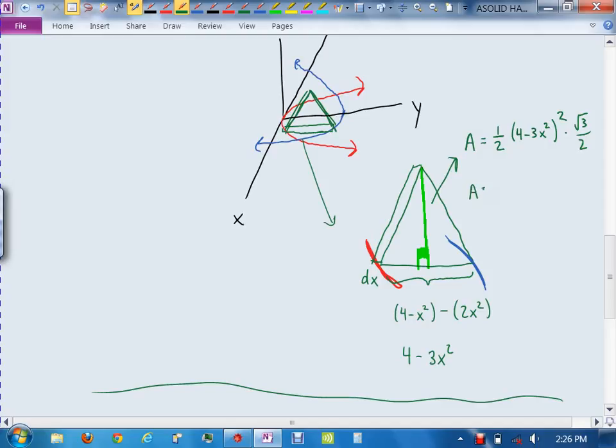So the area of that little piece is root 3 over 4, 4 minus 3x squared, squared. And so the volume of that sliver is just that thing with dx thrown on the end, right?